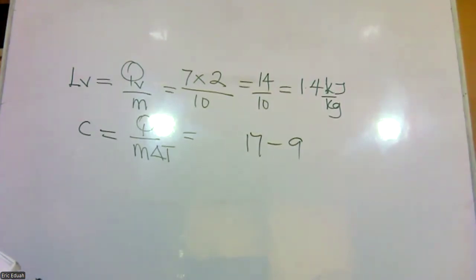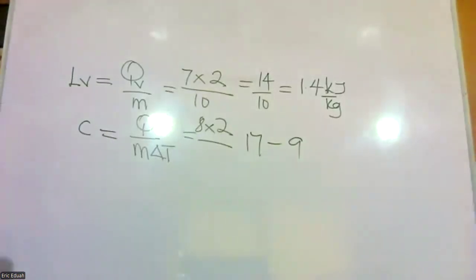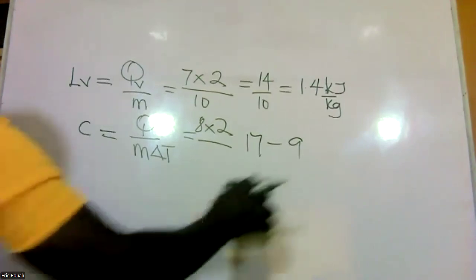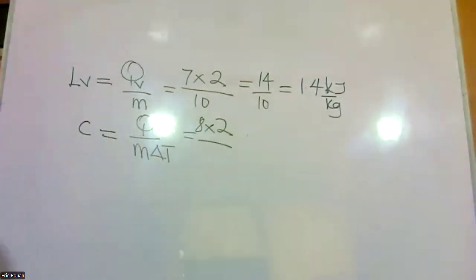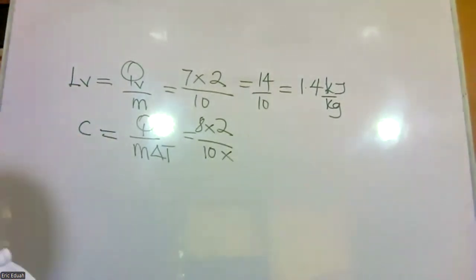So 8 minutes, 8 times 2, divided by 10 times the change in temperature.